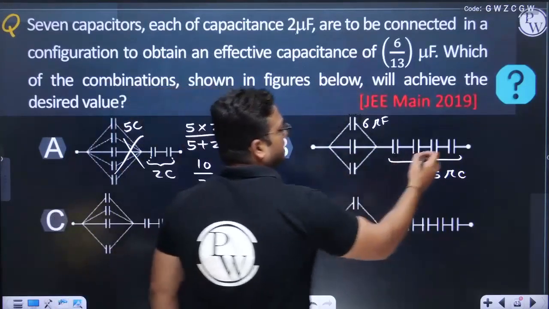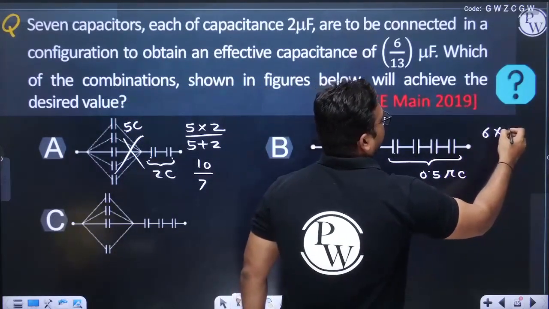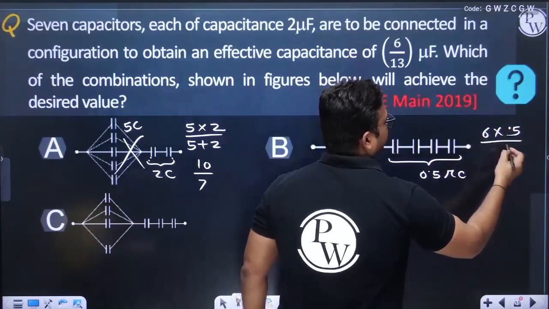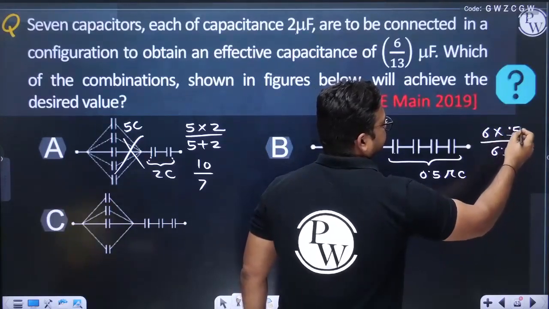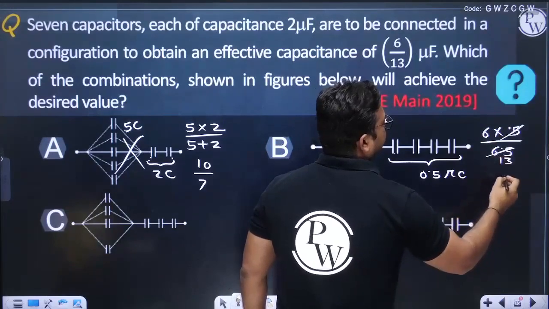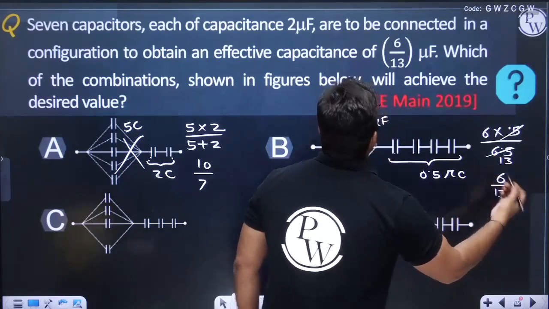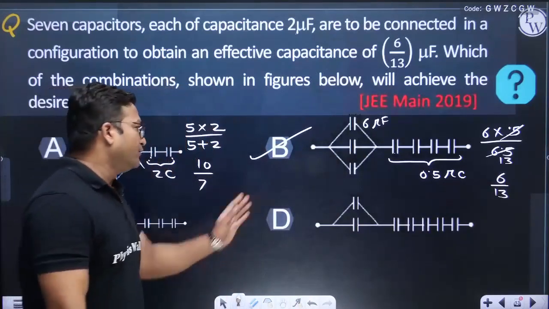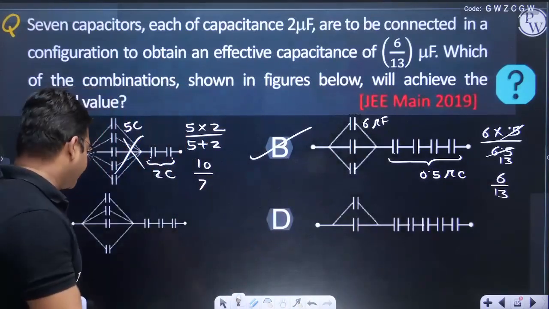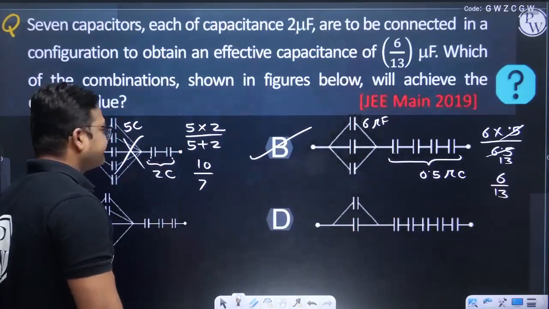So if you solve 6 multiplied by 0.5 divided by the sum of these two, 6.5, we will have 6 by 13. So obviously option B is correct. We don't have to check the other options. Over to the next question.